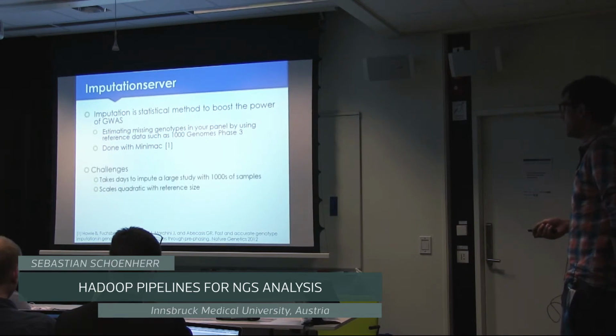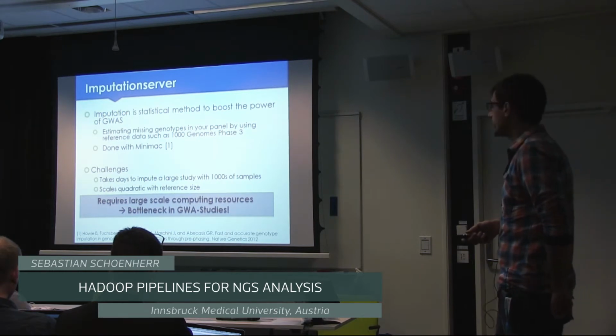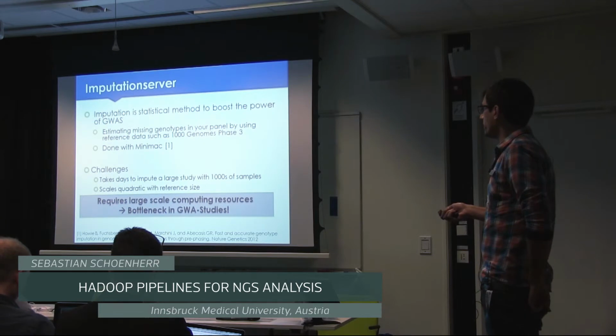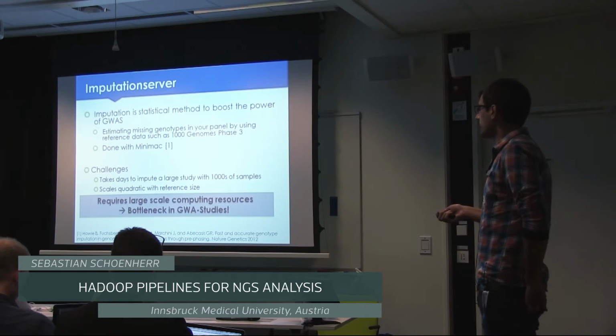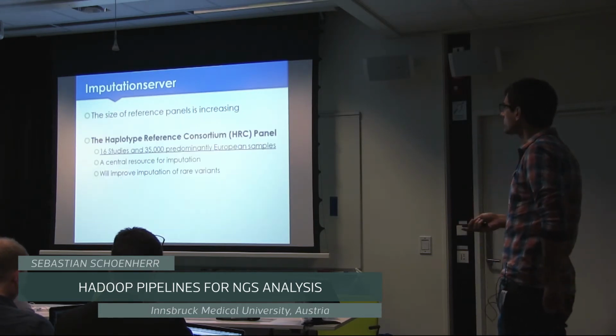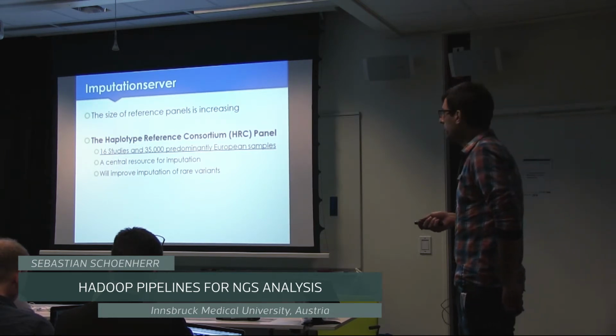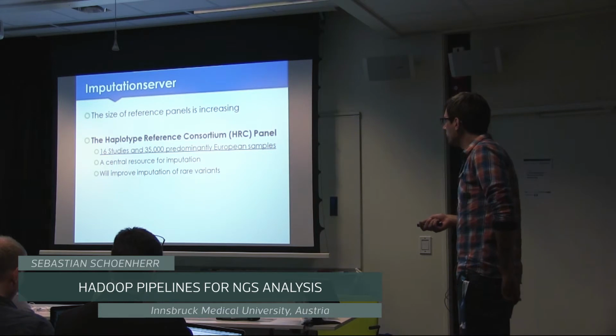The challenge is that imputation is often the bottleneck in current GWAS studies, especially because the reference panel scales quadratically. Next year, an even larger panel is coming out.